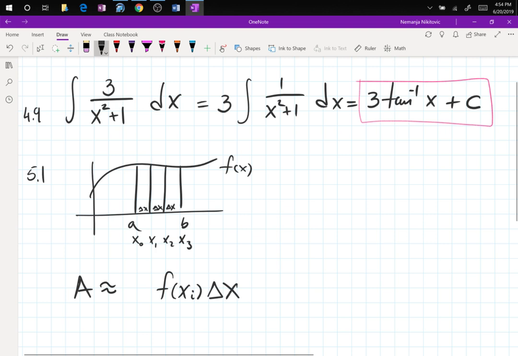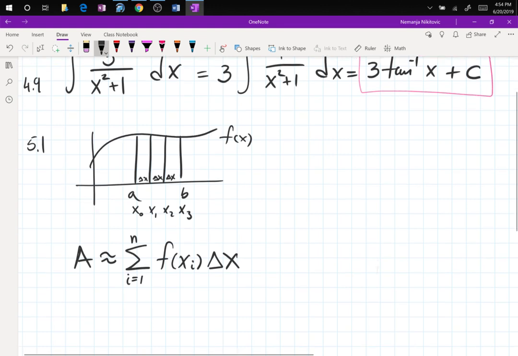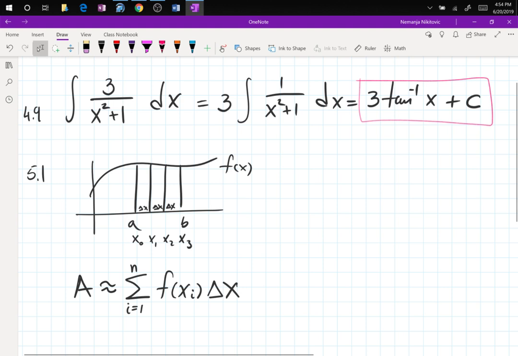So this represents a single rectangle, and then we add them all up to however many rectangles we have. And we have our area approximation. So these are the two concepts we covered so far regarding the latest unit we are learning for calculus.